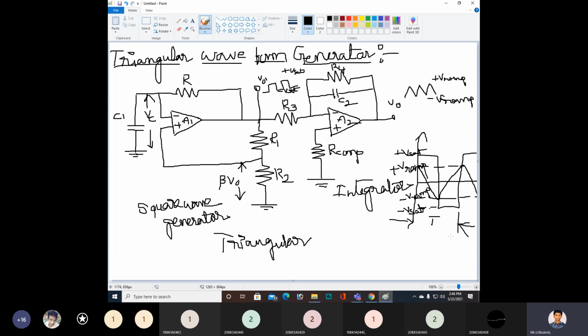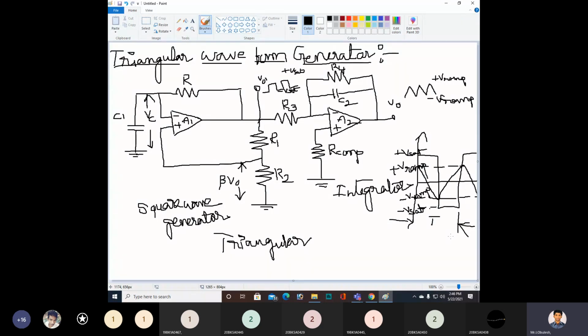Here, using a less number of components, the circuit consists of a two level comparator followed by integrator.